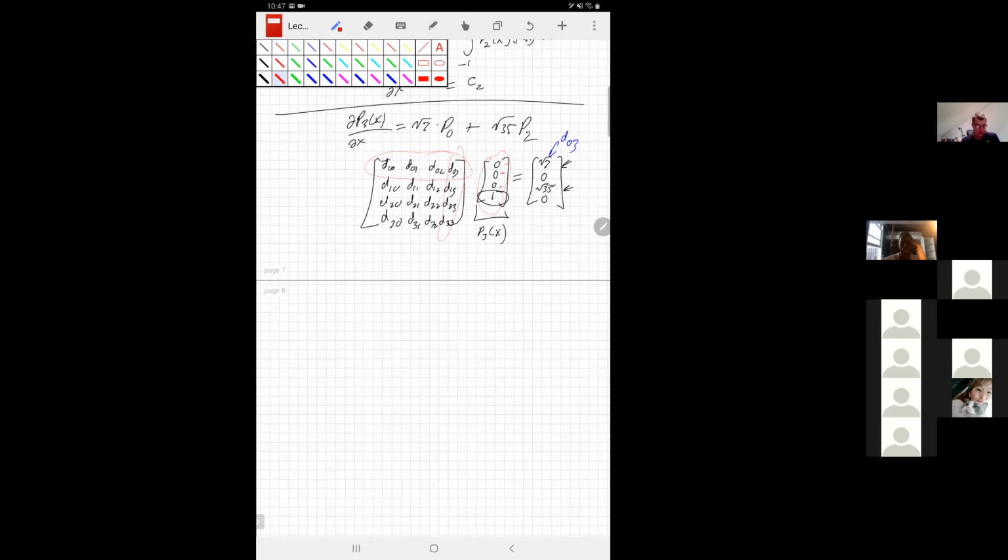Likewise, when we have this next row dotted with this column, the first 3 entries in that row, we don't really know what they were. We just know they got multiplied by 0. But we do know that the last entry in this row got multiplied by 1, and yet our answer was 0.